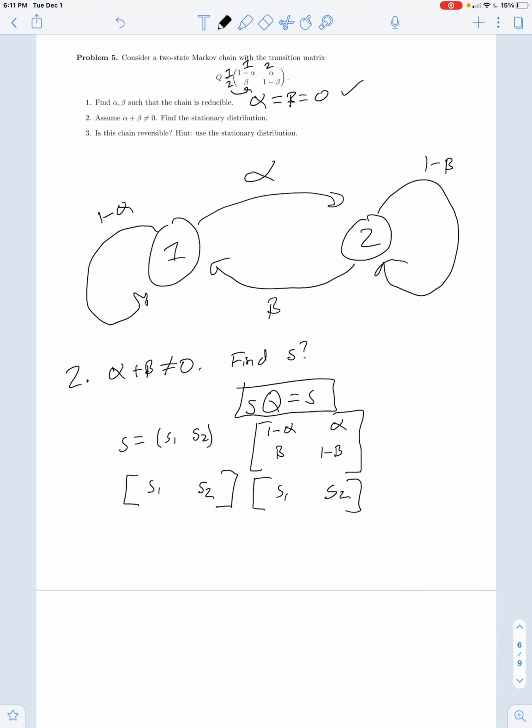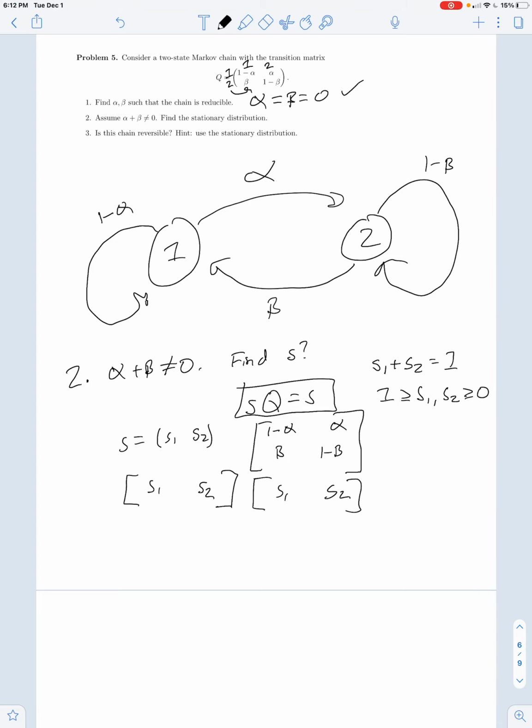I also know that S is a distribution, which means that S1 plus S2 is equal to 1, with S1 and S2 both greater than or equal to 0. Right? They're probabilities, so they can't be negative, and they must sum to 1. They also can't be greater than 1.